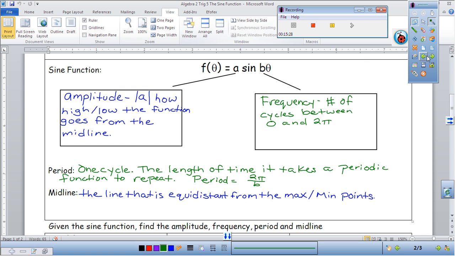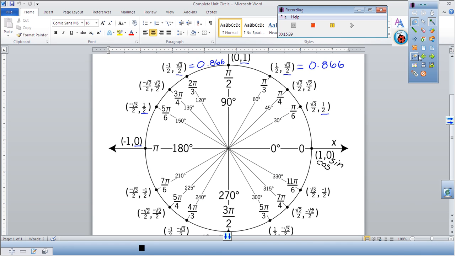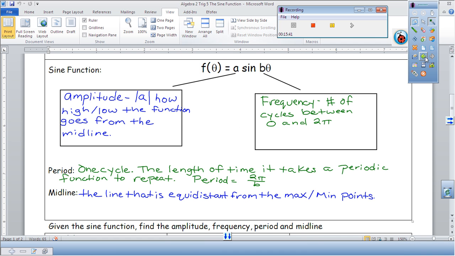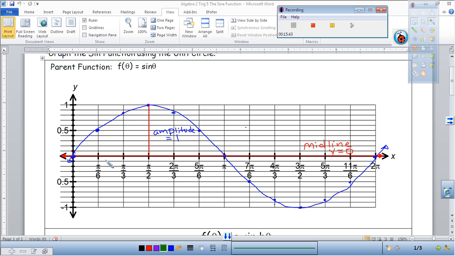So if we go back to our sine wave, the period is from here all the way to when it stops curving. It's here.